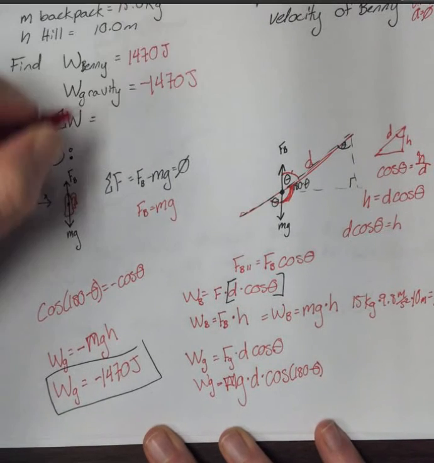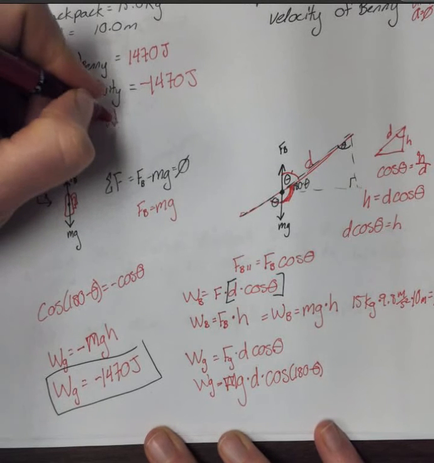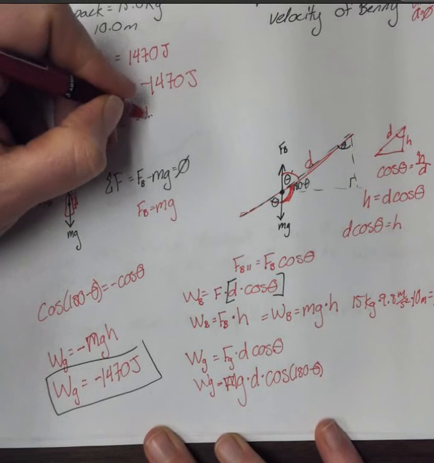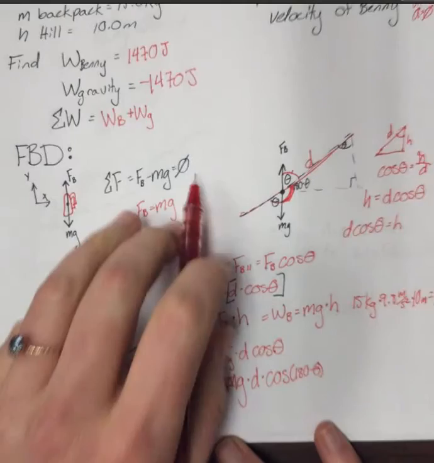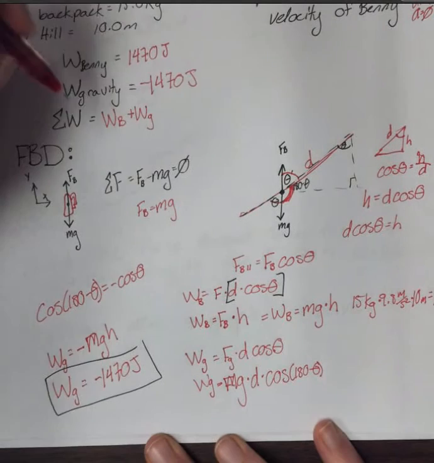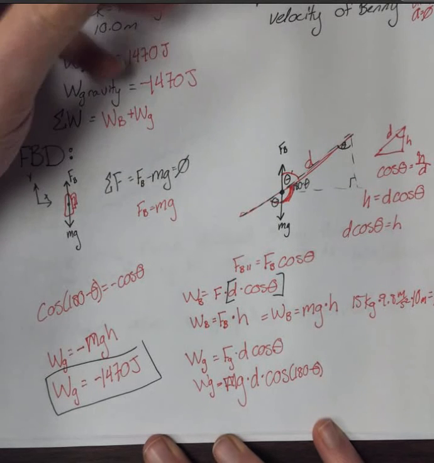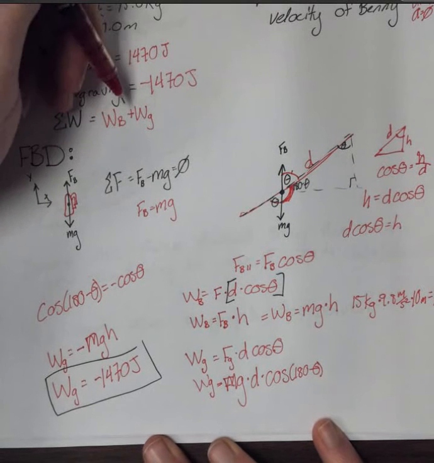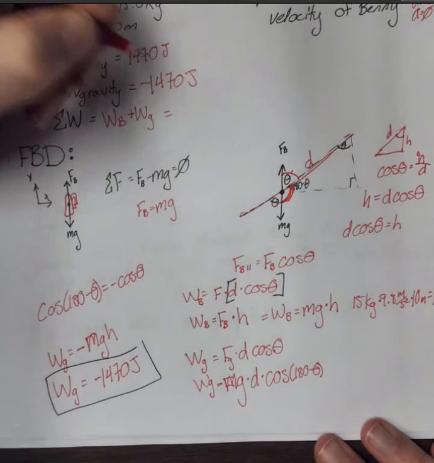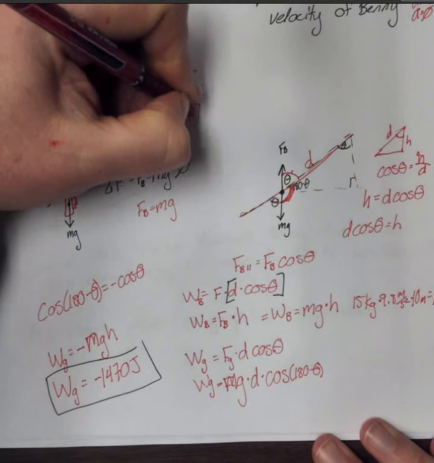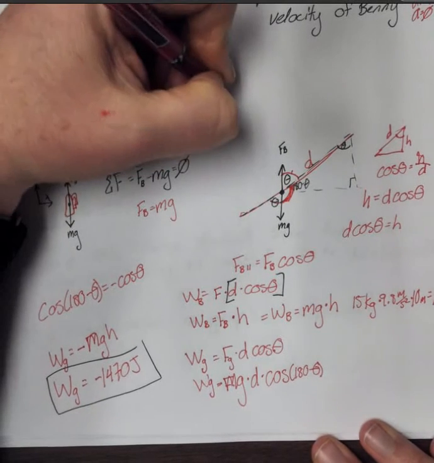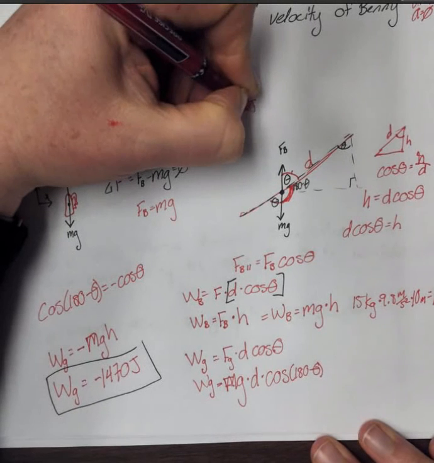And now the net work, I'm going to just add the work of Benny plus the work of gravity, because I don't really feel like finding, oh wait, the net force is 0. So net force is 0 times the displacement, which is d cosine theta, which is h. So no matter which way I do it, I could say positive 1,470 joules minus 1,470 joules equals 0.